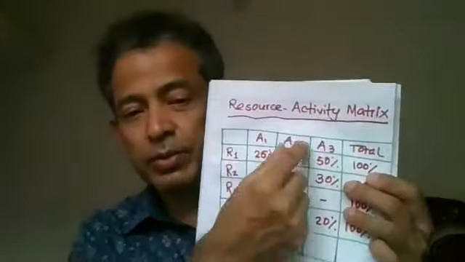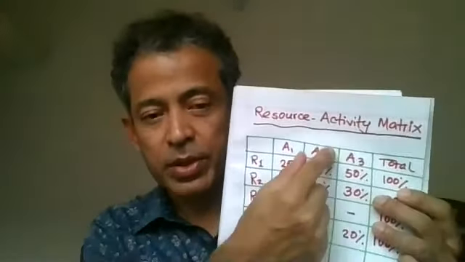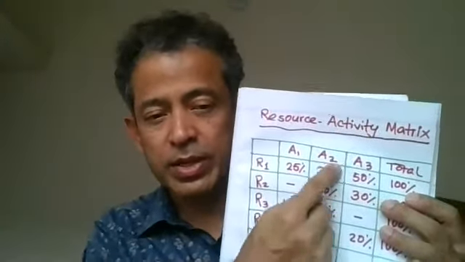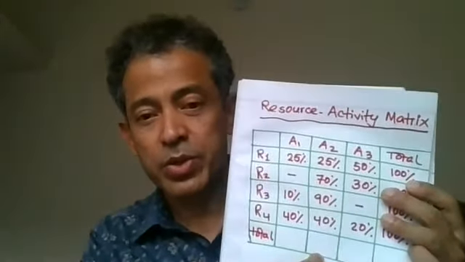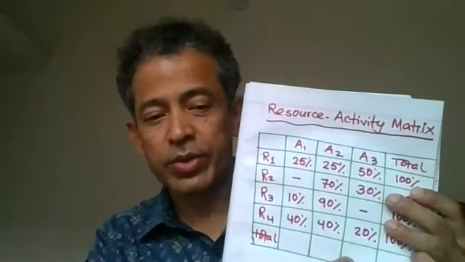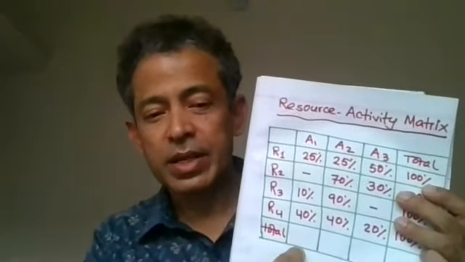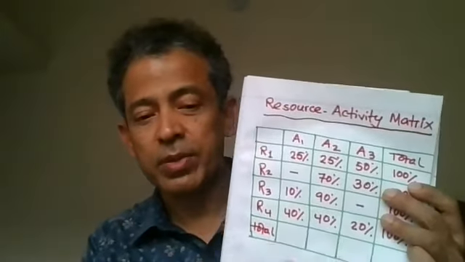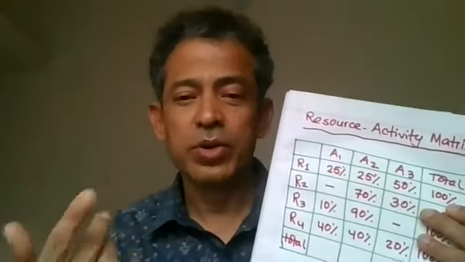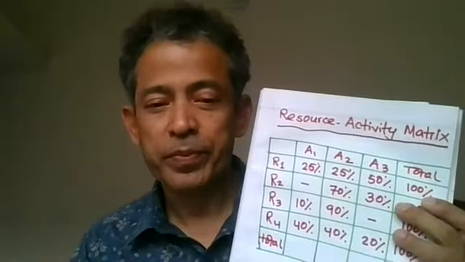Once we replace these percentages by dollars, then add this. This cell is going to have the total cost of activity number 1, activity number 2, so A1 cost, A2 cost, A3 cost. And then say A1 is loan processing, and if we process say 5,000 loans, the total loan processing cost divided by 5,000 gives us the cost of processing one loan.